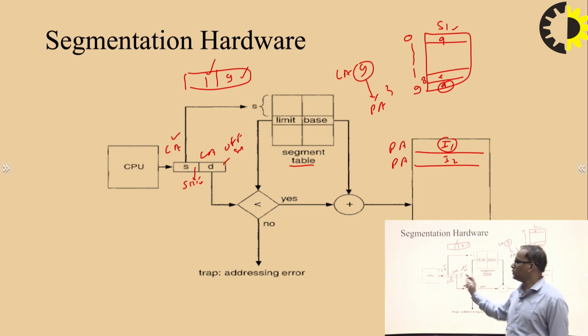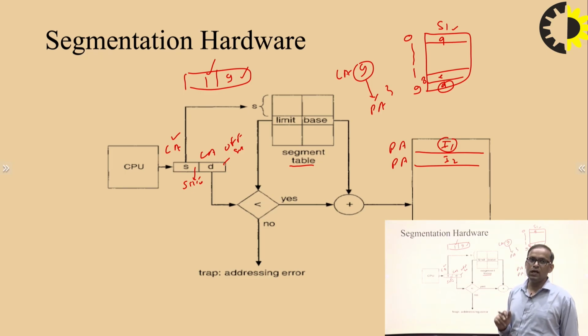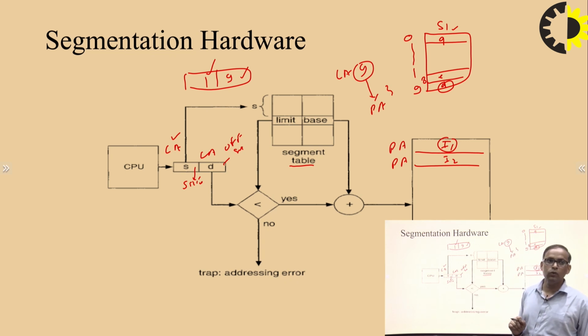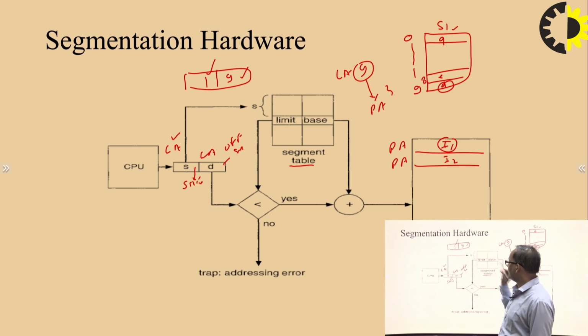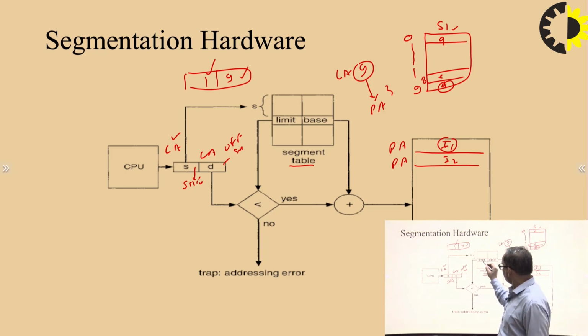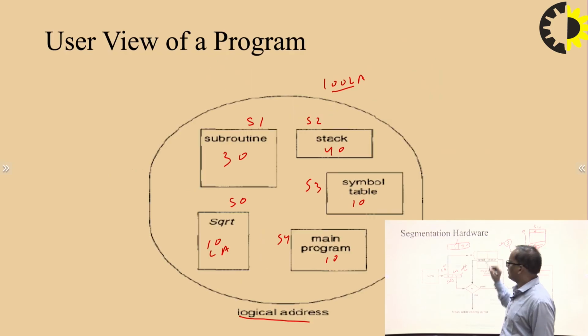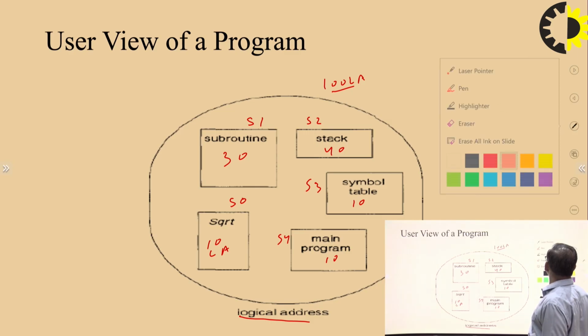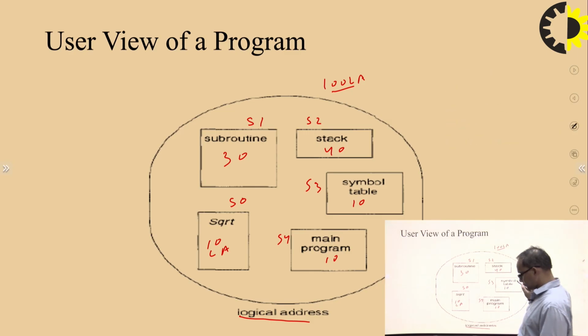So whenever a logical address is generated, our first task is to check whether this logical address is valid or not. It will be checked in the segment table. If it is within the limit, then it is a valid logical address. If it doesn't fall within the limit, then it is an invalid logical address.